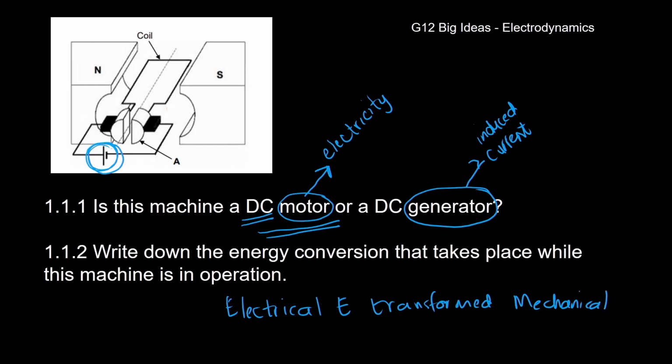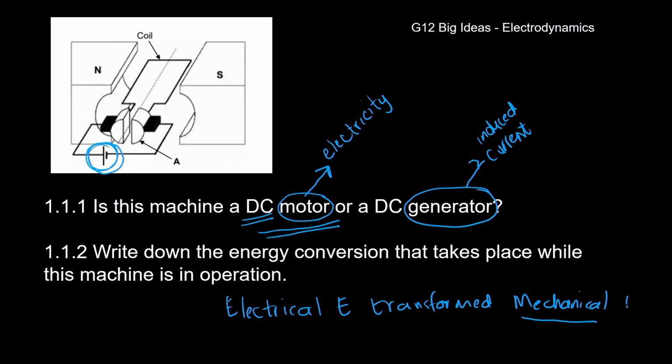Now mechanical because the coil is going to move as a result of the current interacting with the permanent magnetic field. So mechanical energy is the result of this interaction, a movement.